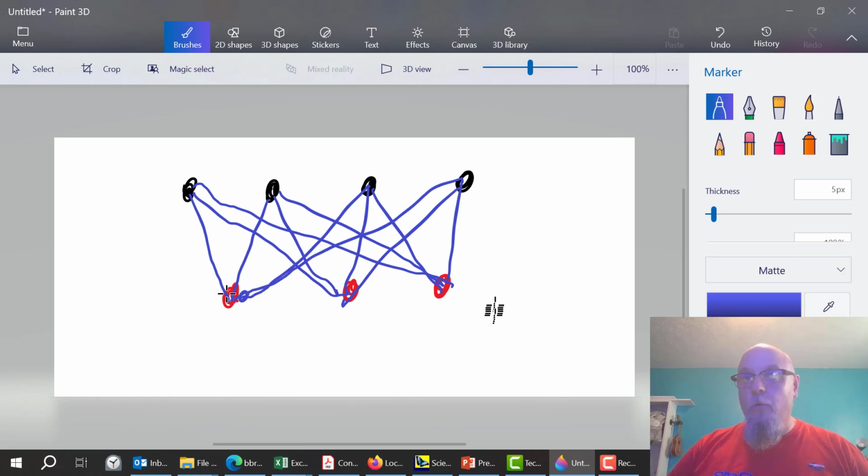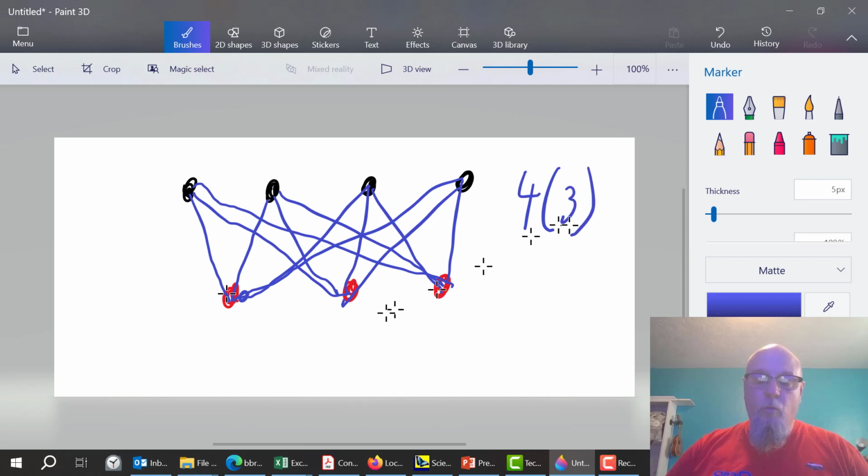So now every red node, the bottom nodes, is connected to every top node. So now if we want to know how many edges there are, there's 4 top nodes, and out of each one of these comes 3 lines, so that's 12 edges.